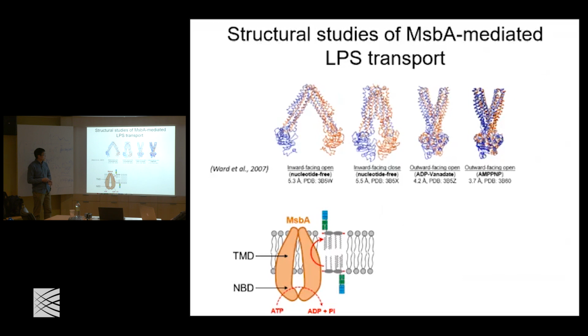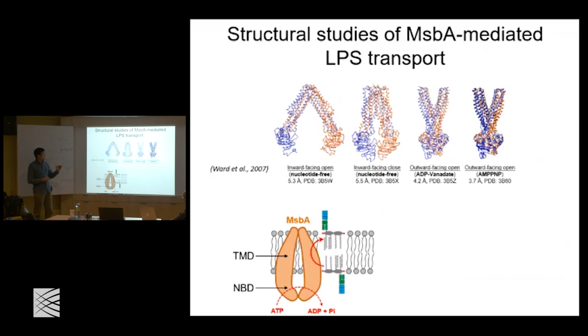The structure in detergent shows there is a range of conformations the protein can adopt, depending on whether it binds nucleotide or not. However, the substrate, LPS, is not resolved.